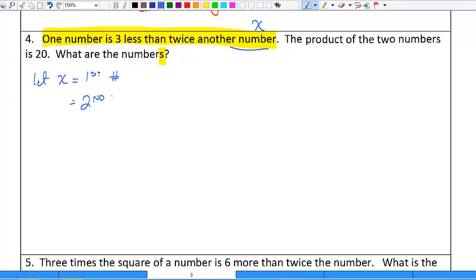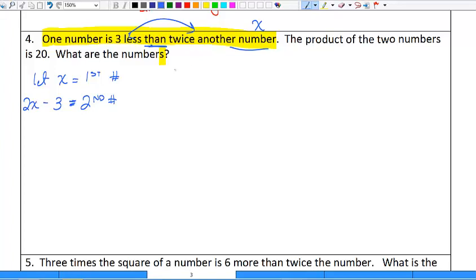So now that I have that comparative statement and I know x is this guy, I need to write the other one. So the one number is, I already have that second number, 3 less than. What does than mean? Than means I'm going to switch my order and the minus 3 actually goes in the back. 3 less than twice another number.